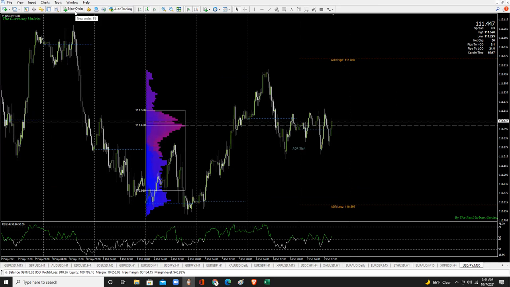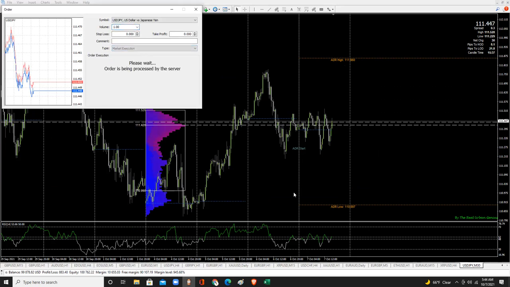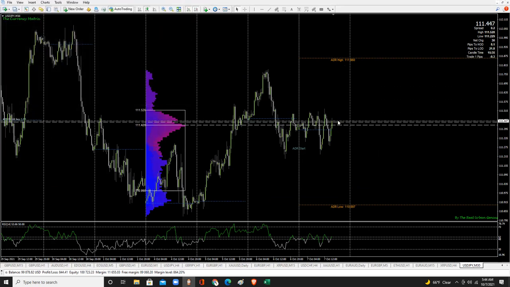So for this example, I'll enter a buy here on USD/JPY. And I will put my stop. Of course, we know to put the stop below the low of the day, but knowing we're in a buy position, as well as being able to see the points of control, we can put our stop even tighter here.